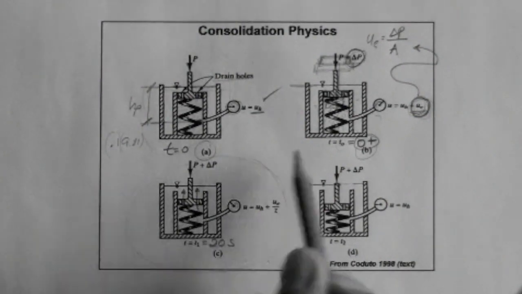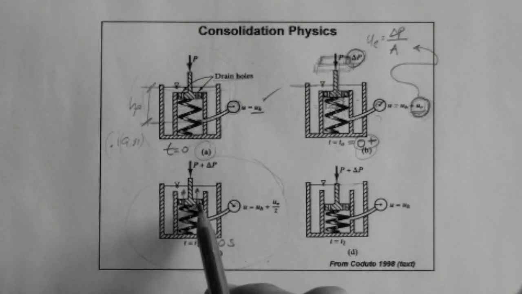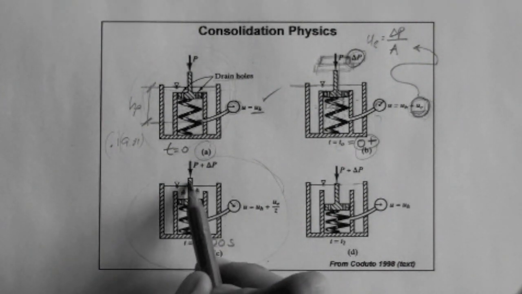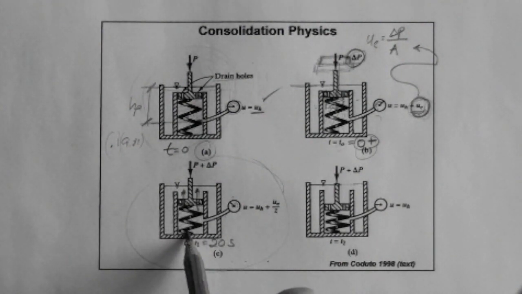So the water is pressurized by UE, and it says, you know what, I need to get out to go back to hydrostatic. So it escapes through these drain holes, and as it does that, the piston is able to move down as the spring squeezes.